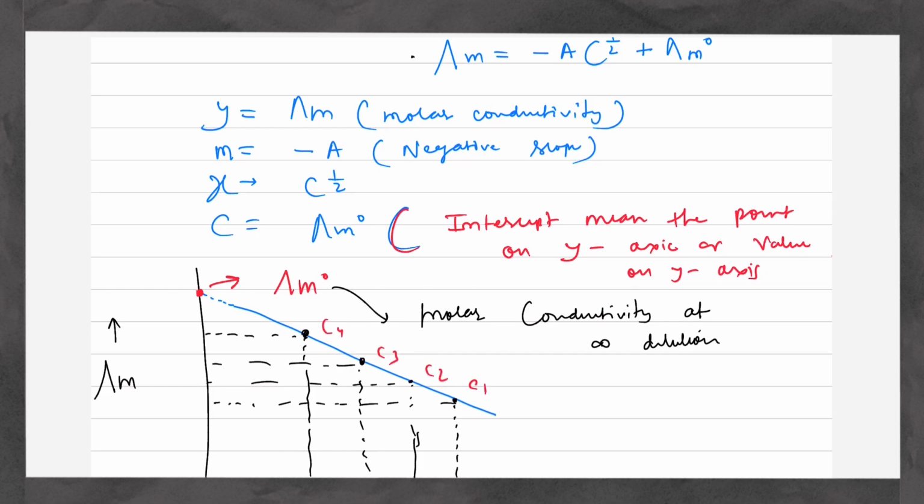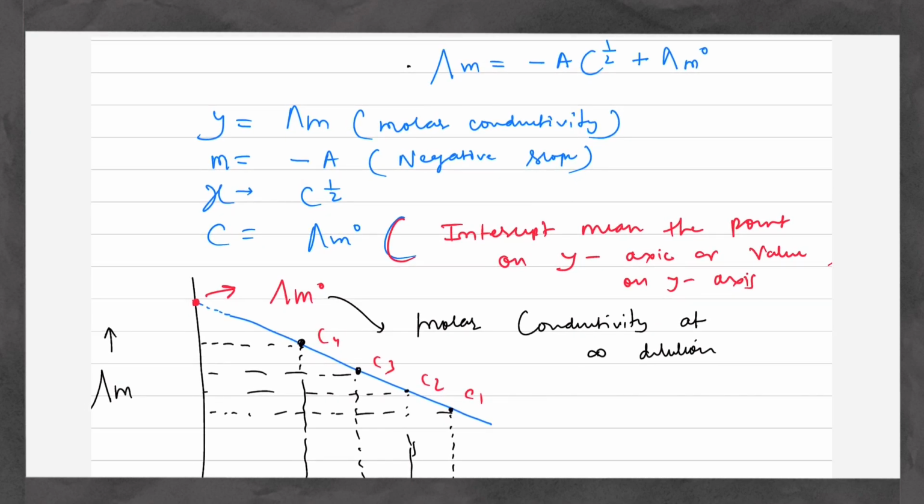By extrapolating the line and cutting the y-axis, we can easily calculate molar conductivity at infinite dilution. What does that mean? It means the maximum value of molar conductivity, and it is always equal to del m naught, or sometimes we write it as del m infinity.